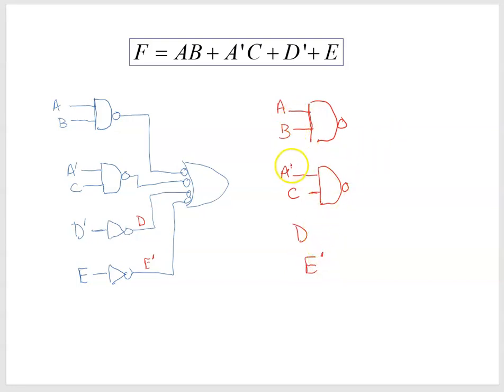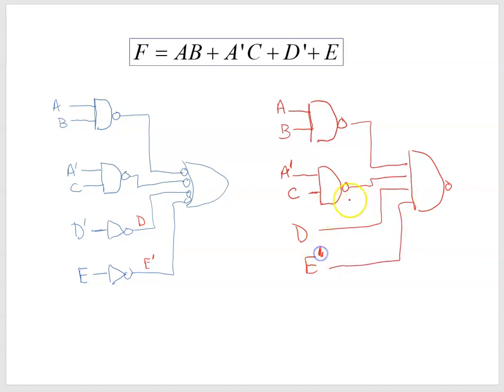Since I didn't show the A prime inverter, I'm not going to show the E prime inverter. And there is my function using just AND invert symbols. So this function was already implemented as sum of products.